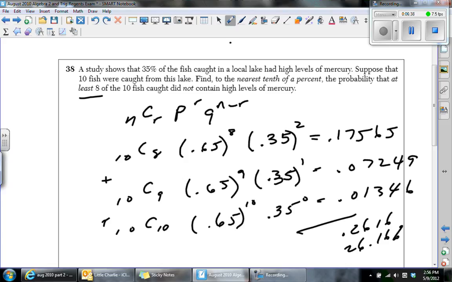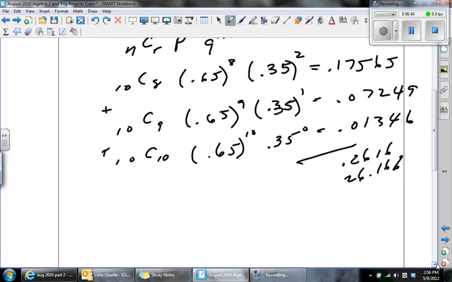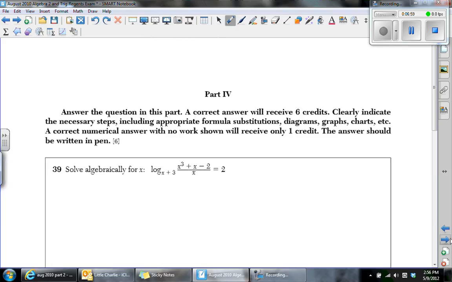Good. Now they want it to the nearest tenth of a percent, so that's 26.2%. Good. Alright.